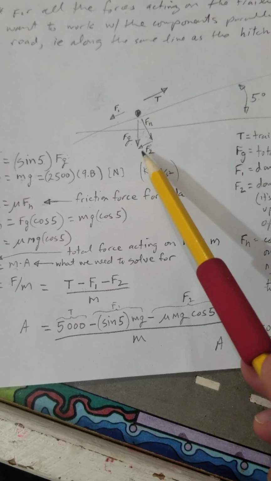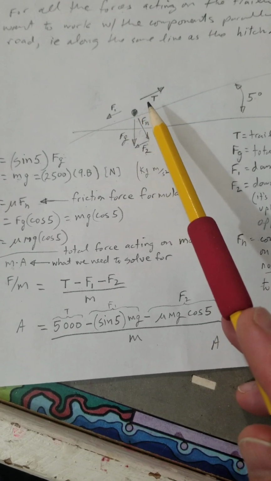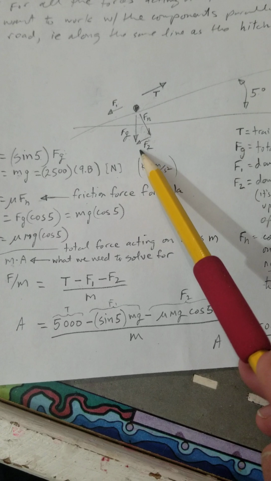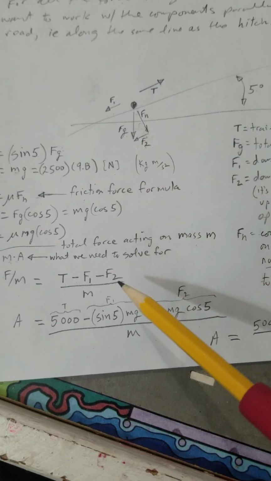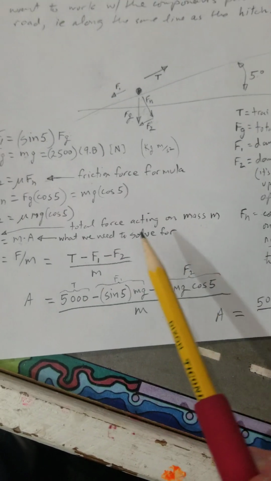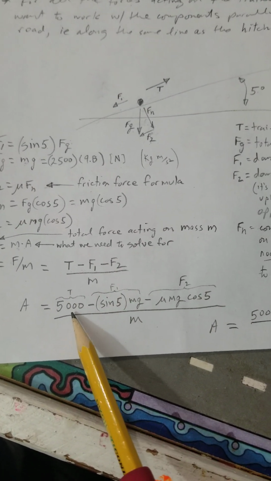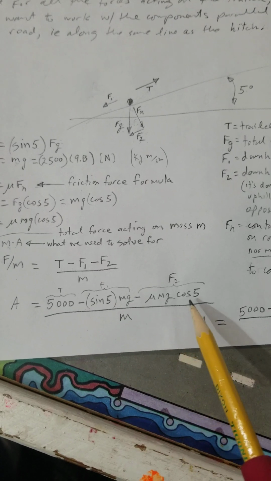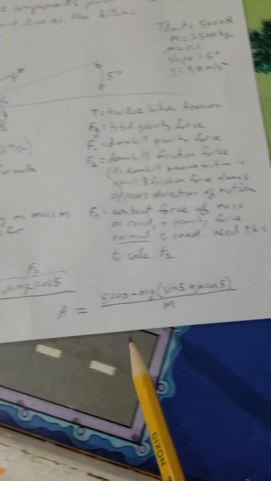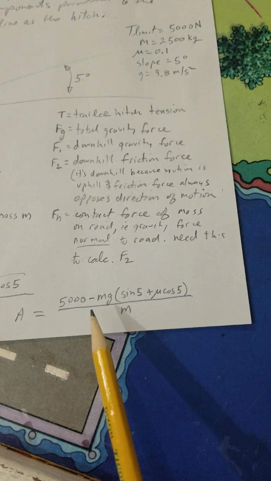When you look at diagrams like this, F1 opposes T, so it's a minus. F2 is going the opposite direction as T, so I put a minus there. And so anyway, I can put some things here and do a little algebra to simplify it to this.